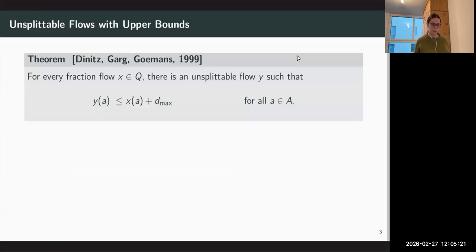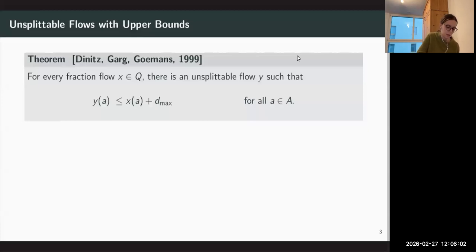Now there is a classical beautiful theorem about unsplittable flows, due to Dinitz, Garg, and Goemans already, more than 20 years ago. What they proved is that whenever we have any given fractional flow, then we can find an unsplittable flow satisfying the same demands in the same graph, with the nice property that for every single arc in my network, my unsplittable flow will not send much more flow than our given fractional flow.